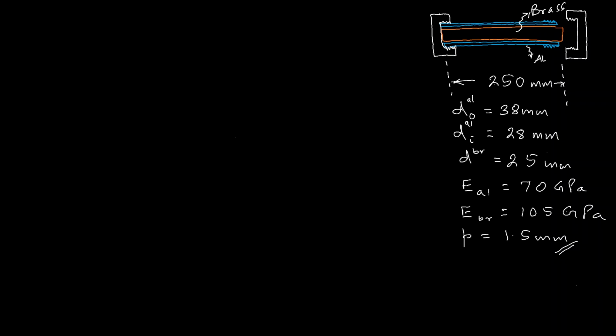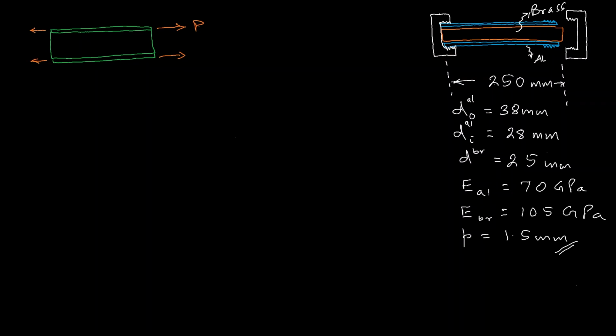Now the main thing here is to think about what's happening at the interface when they are joined. See, if you draw the free body diagram of the aluminum tube, it will be under tension, so a pull force will be acting like this.